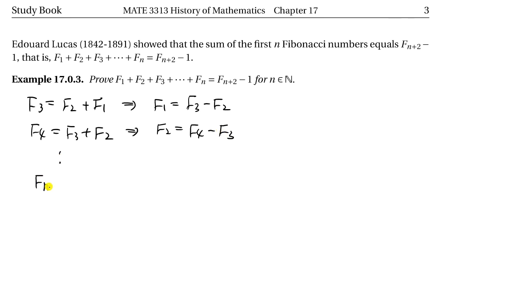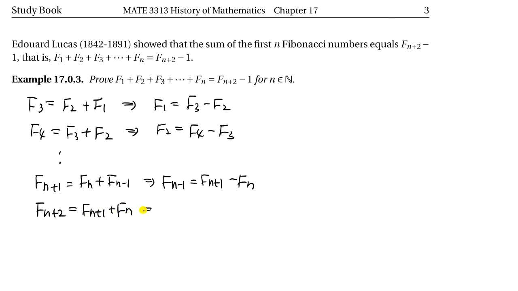Then Fn plus 1 is Fn plus Fn minus 1, which means Fn minus 1 is Fn plus 1 minus Fn. And lastly, Fn plus 2 is Fn plus 1 plus Fn, so Fn is Fn plus 2 minus Fn plus 1.